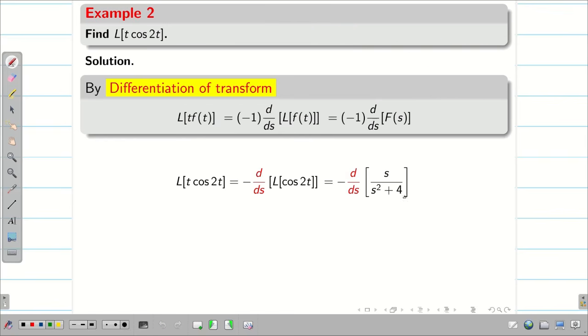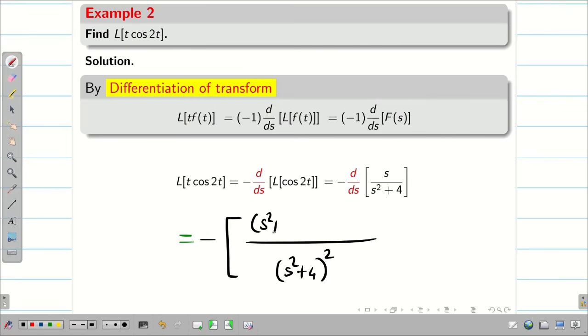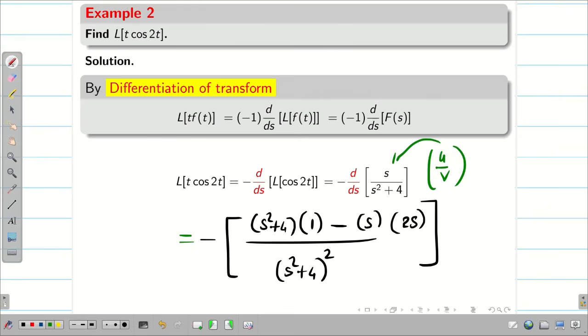Now differentiating this, we get minus of s square plus 4 whole square in the denominator, and in the numerator v du: s square plus 4, differentiating s, we get 1, minus s into differentiation of s square plus 4, which is 2s. Remember, we use the u by v rule. My u is s and v is s square plus 4.